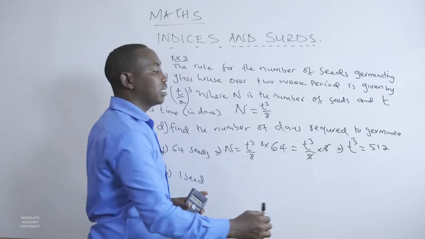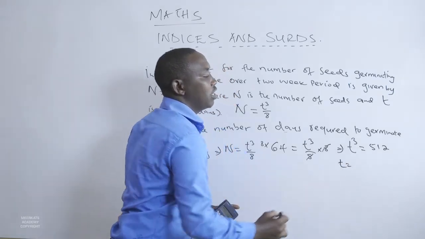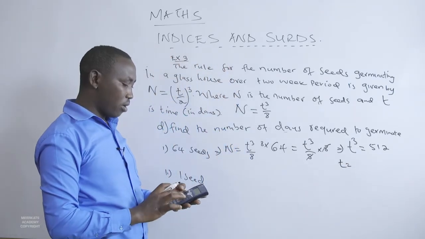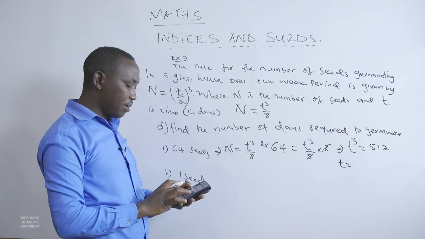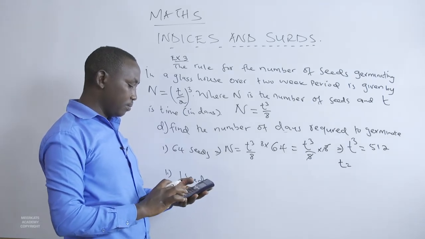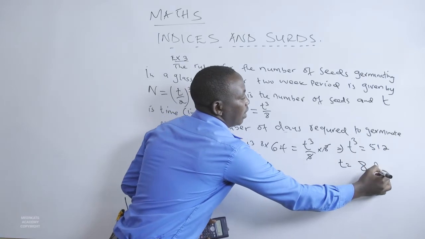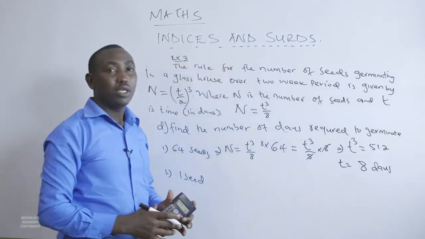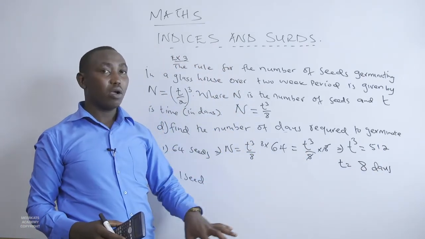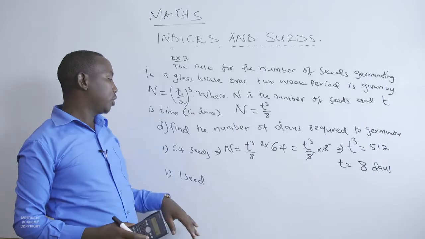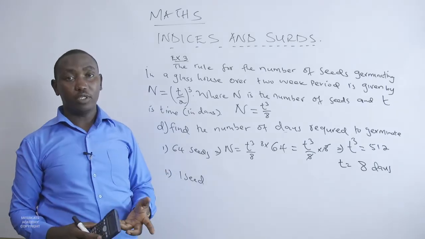To get time, you are going to get the cube root of your answer, which gives us 8 days. So you need 8 complete days to germinate 64 seeds.